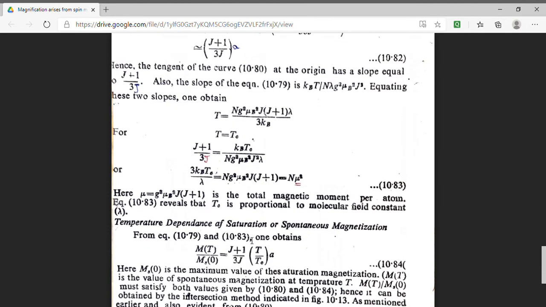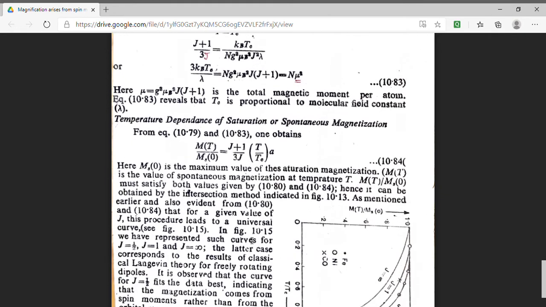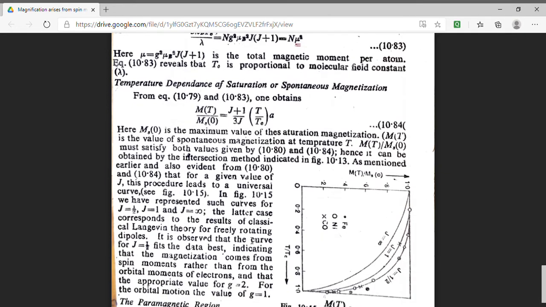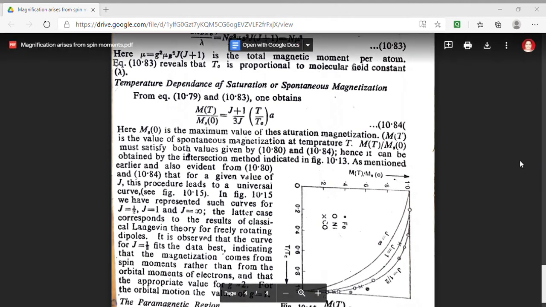Now I am going to discuss the temperature dependence of saturation magnetization. From this we will find on which factor the magnetization comes from, whether it is coming from spin moment or orbital motion.